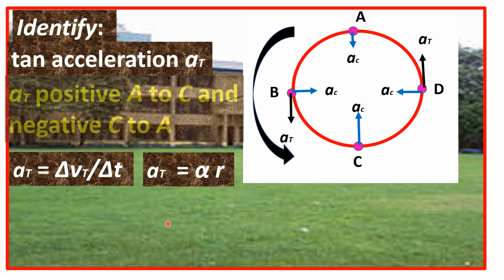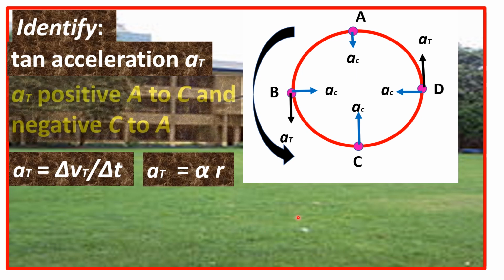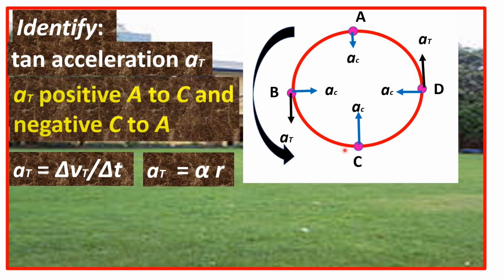So, the fact that the tangential acceleration is equal to alpha multiplied by the radius r suggests that the ball has a changing angular velocity omega.